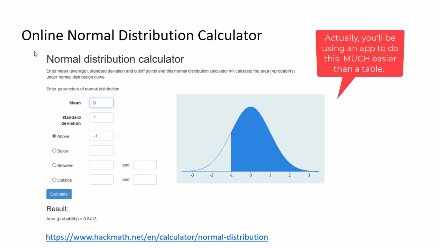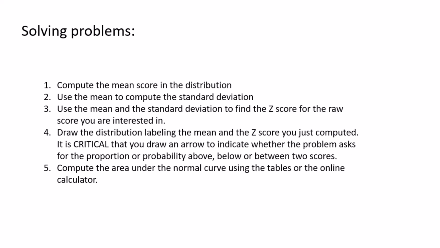But for now, let's just summarize where we are at this point. With the information that you have, you should be able to solve any kind of problem that involves figuring out the proportions of scores above or below a given value or between two values. Here are the steps. You compute the mean of the distribution.